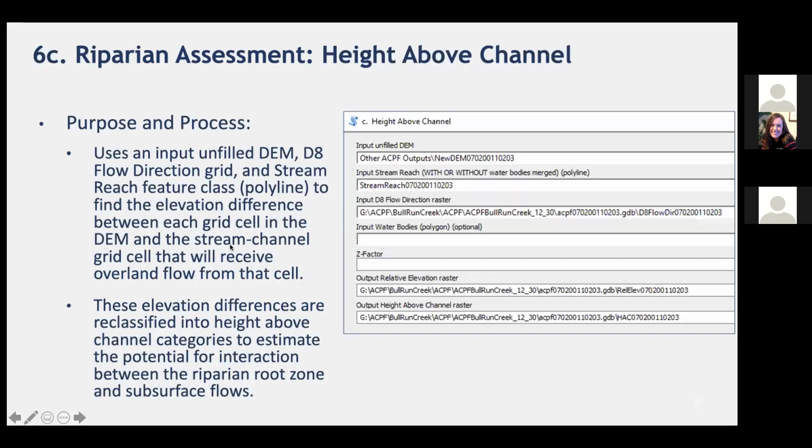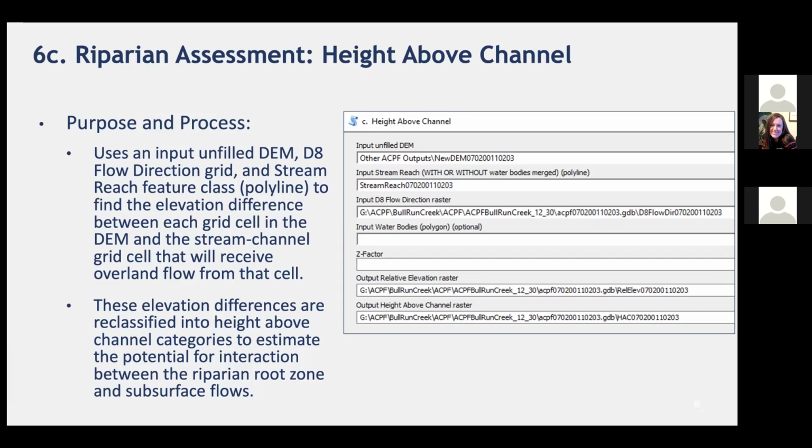The next step is to evaluate the height above channel. The height above channel uses some of the data and information that we generated earlier in the ACPF, including that unfilled DEM, the D8 flow direction grid, and the stream reach, the perennial stream network, to find the difference in elevation between each grid cell in that DEM and then that stream channel grid cell.